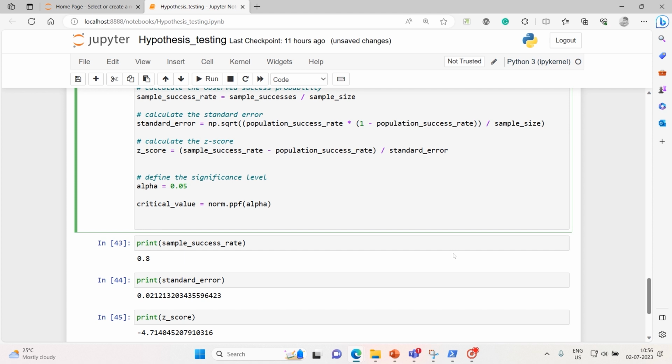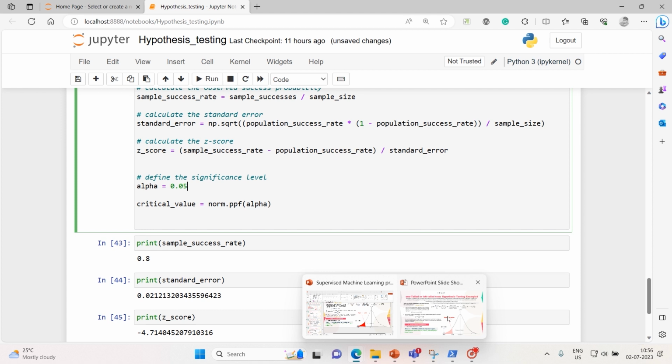Till now with respect to coding, we calculated the probability value of the respective z-score and compared it with 0.05. In addition, first we will compare the z-score with the critical value and give a conclusion, and second we will compare the p-value with alpha and give a conclusion.